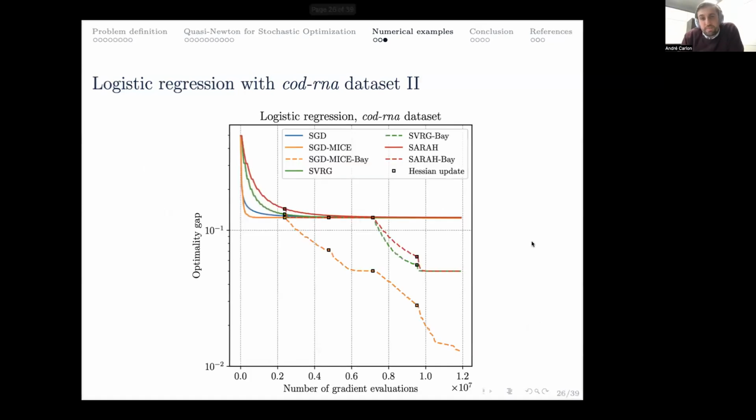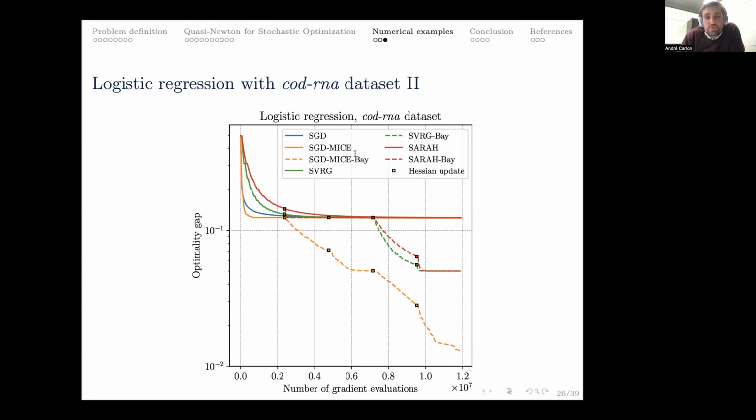So the first data set, with very large condition number, shows behavior very similar to what I just showed you for the quadratic case. SGD in blue is the classical one, and then I have SGD MICE in orange, SVRG, and SARAH, which are very standard control-variate methods for finite sum minimization, in green and red.